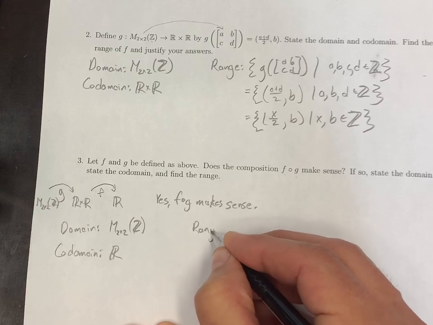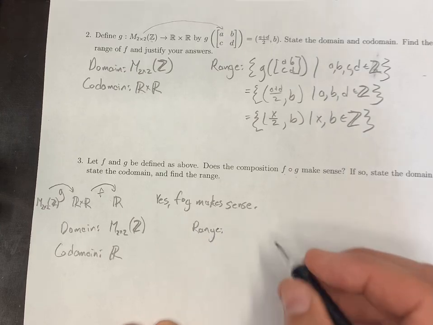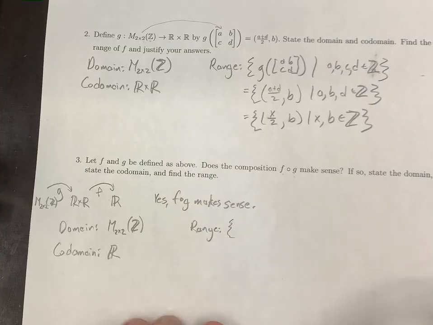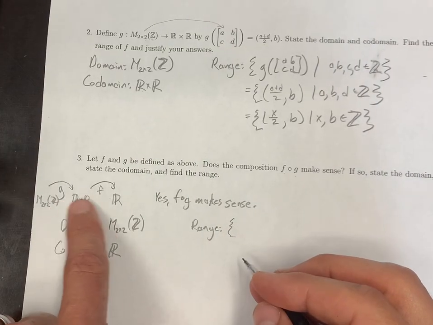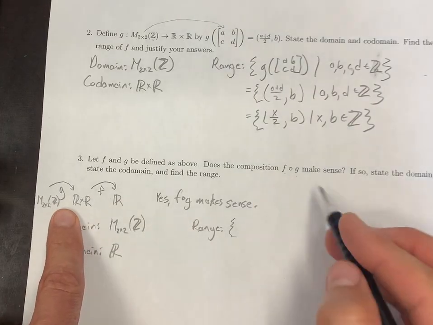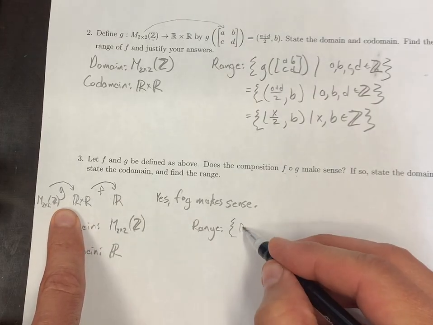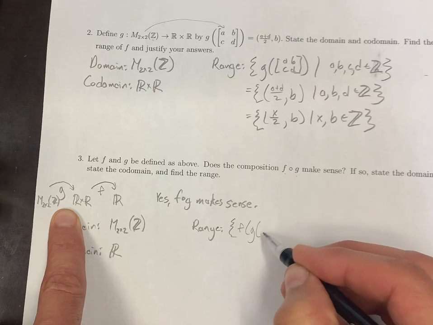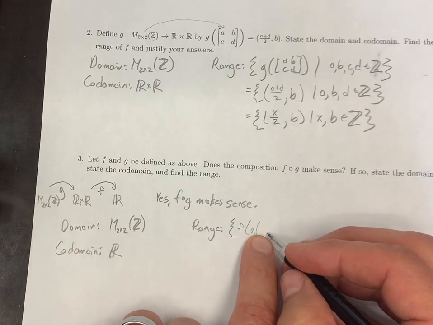So what is my range? Well, my range, of course, is the very definition of composition of functions. Remember, what is a composition of function? F composed with g. Well, it's f of g of whatever the input for g is.